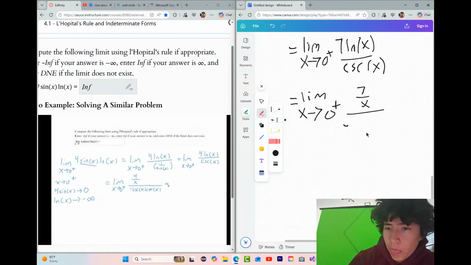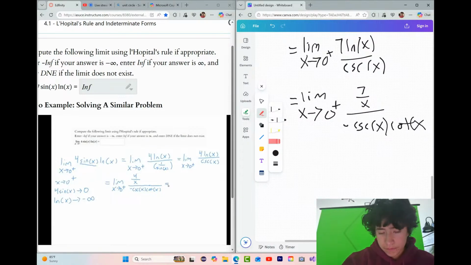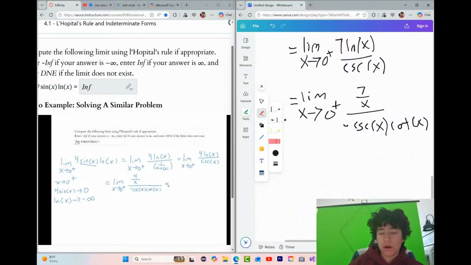Cosecant of x times cotangent of x. Okay.